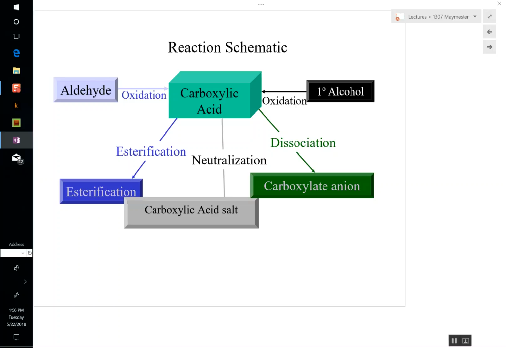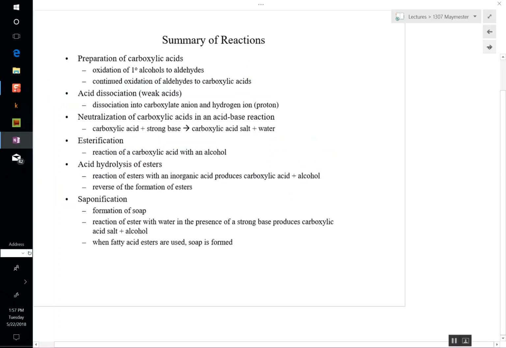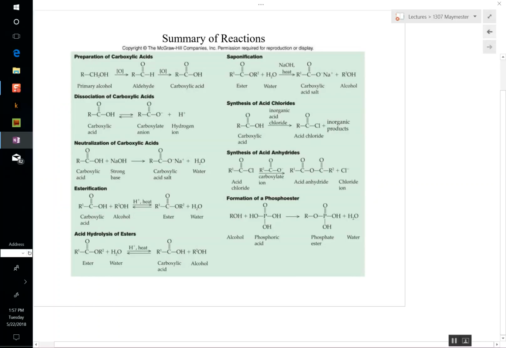Carboxylic acid plus an alcohol, esterification. Carboxylic acid can just simply dissociate in water, react with a base, and you get the sodium, or you get the salt of the carboxylic acid. Let me see if it has the ester reaction.